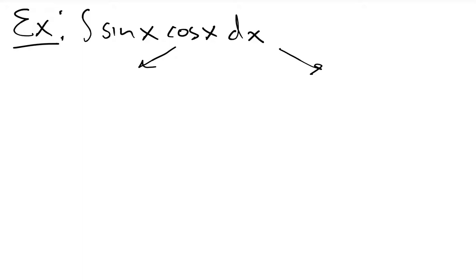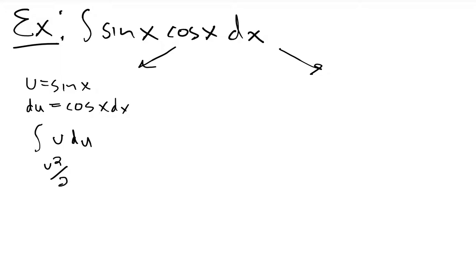If I try this with, let's say, u is sine, this is actually probably the easier way to set up the problem, just because when you find your u and your du, there's no coefficient correcting. This is pretty direct. About as simple of a u sub problem as I could potentially throw at you guys. So this is going to give me a sine squared of x over 2 plus c.